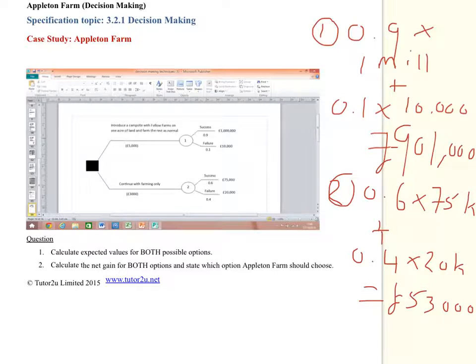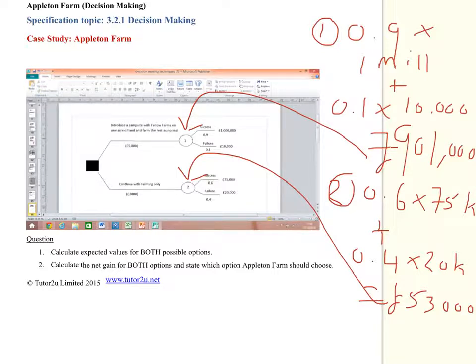So remember, the EVs would be placed above the circle. So the EV figures you would insert above the circle for the first option, and above the circle for the second option. So that's the EVs calculated. However, as we've discussed, this is not the profit figure.